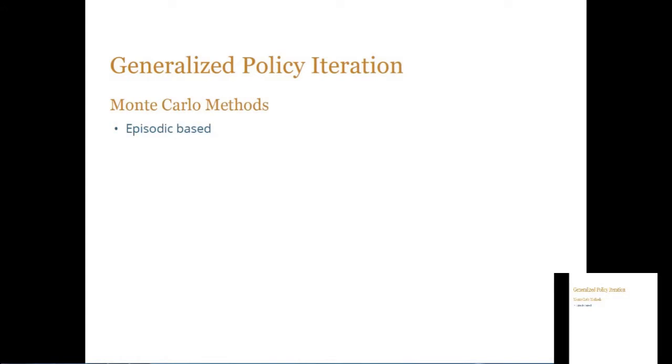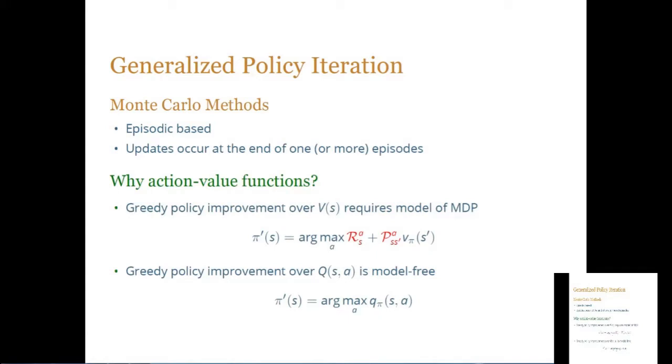Imagine that the agent is in an environment, and then it has some policy, the behavioral policy, that it is trying to learn and optimize. So here the idea is that we perform a rollout, a full trajectory, and at the end of this trajectory, we're going to update the policy or use it to make our updates. And the first idea here is that if we want to do model-free reinforcement learning, in the sense that we don't need a model, we cannot do that if we only consider the value function.